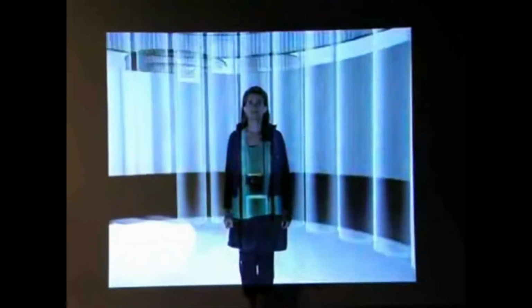And so this part is really amazing because she's just walking in place, but she's sort of pretending that she's in this space, which is just a projection on the screen, on the wall behind her. So she goes up the elevator.